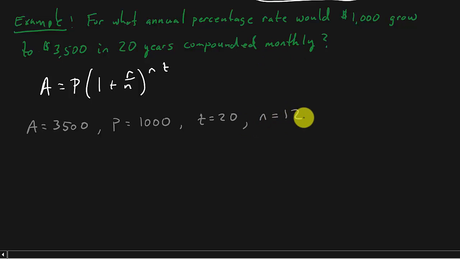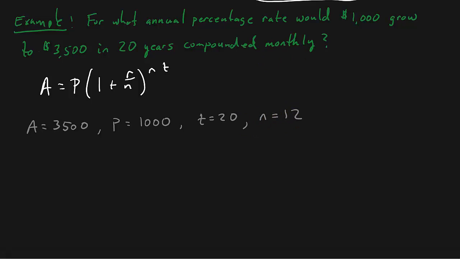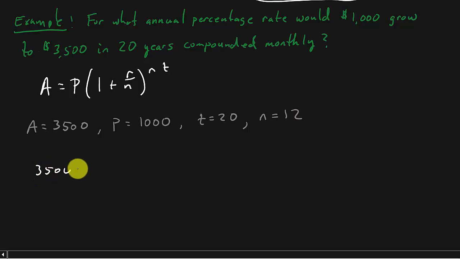All right, so let's plug everything in. So I got 3,500 equals 1,000 times 1 plus, now I don't know what R is, that's what I'm looking for, R over 12, raised to the, I guess we'll write it in order, 12 times 20. It doesn't matter if you put 20 times 12, same thing.